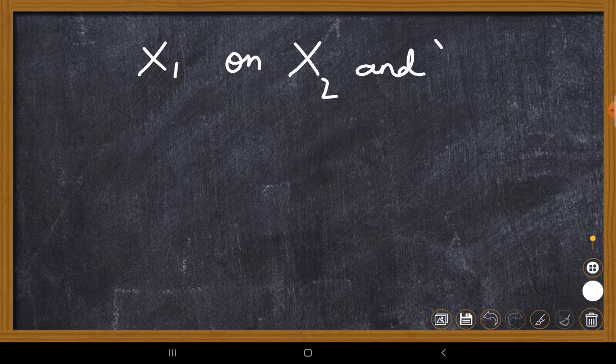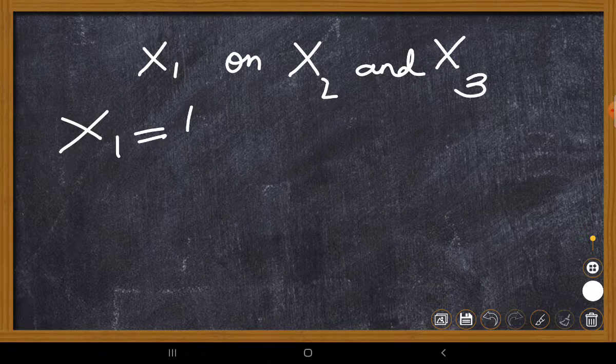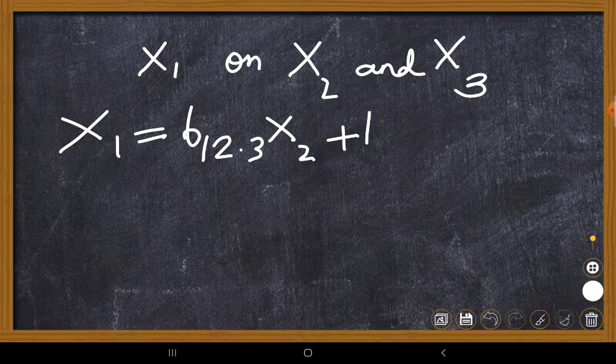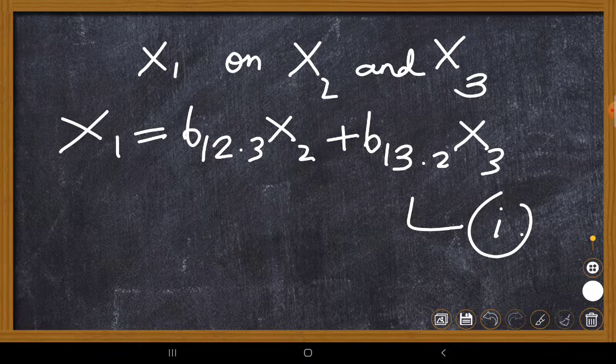The equation of the plane of regression of x1 on x2 and x3 is given as follows: x1 is equal to b12.3 x2 plus b13.2 x3. You keep this as equation 1.